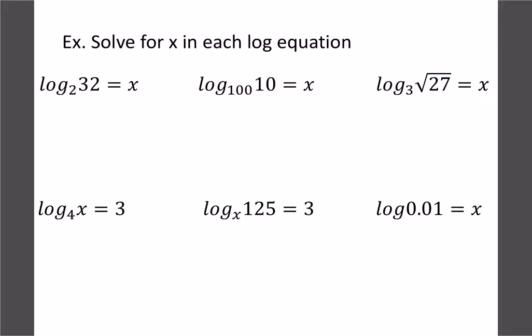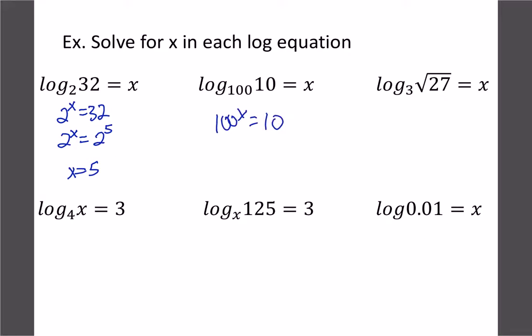And let's actually solve all these ones. We'd have 2 to the x equals 32, and we can solve these like we did before. Change the 32 to be 2 to the 5, so x equals 5. The next one, we'd have 100 to the x equals 10.